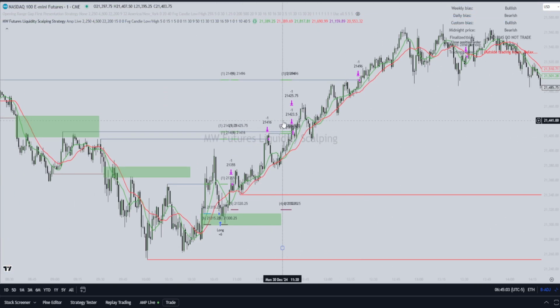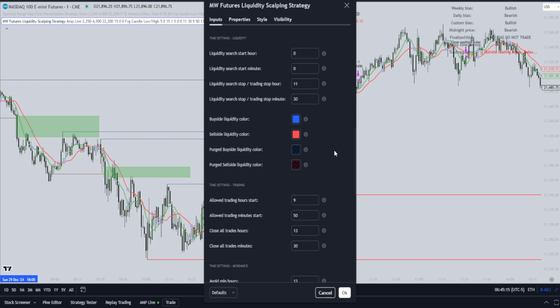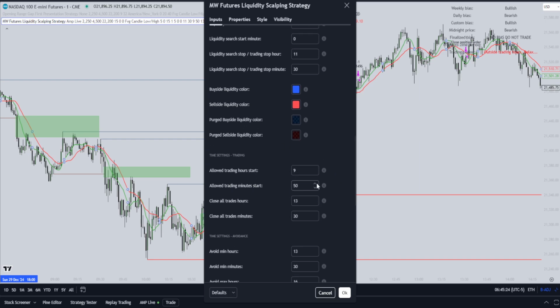So after 11:30, this timestamp will determine when we stop looking for our liquidity and when we stop trading. We will also have an option later on with trading, like when are we allowed to start trading and when to close all our trades. We will get over there in a minute.